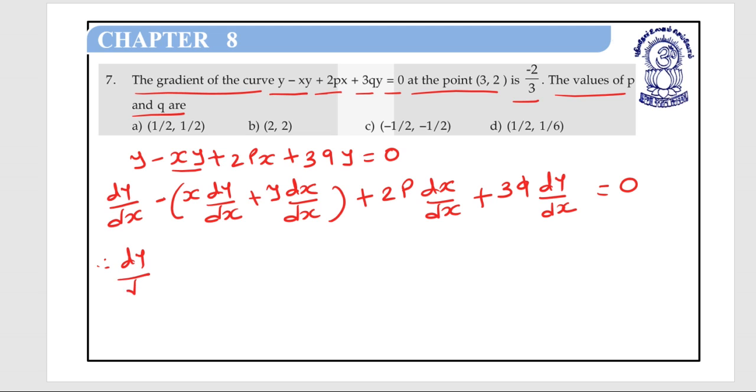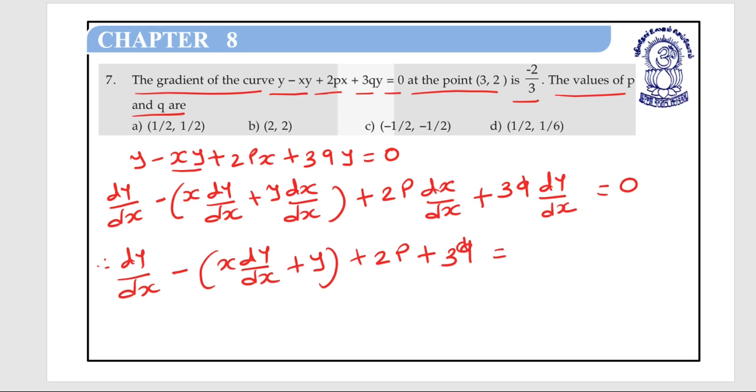So dy by dx minus x dy by dx, minus y into 1, plus 2p plus 3q dy by dx is equal to 0.